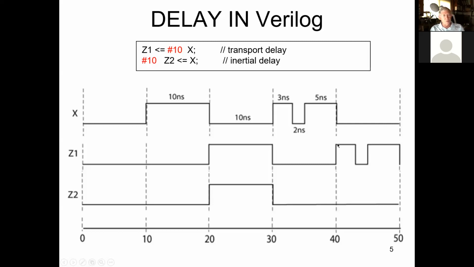And that's because you can think of this more as a wire. Yes, there's a delay of the speed of light down the length of the wire and through some of the transistor switches adds a little bit, but a short pulse is still propagated because it's really just a wire. Whereas in the inertial delay, the short pulse is not transmitted because the gate actually has a certain amount of time to finally get up so it can change its output.